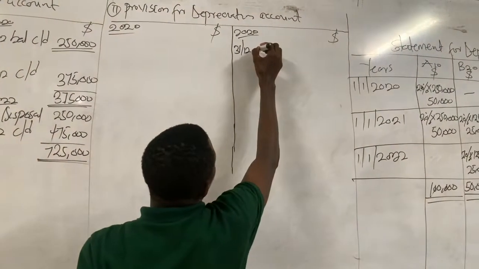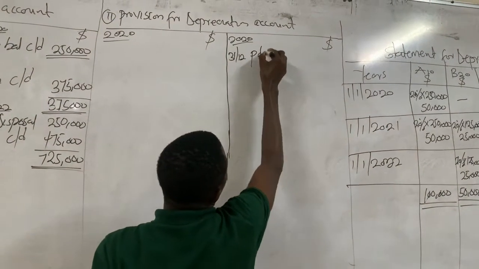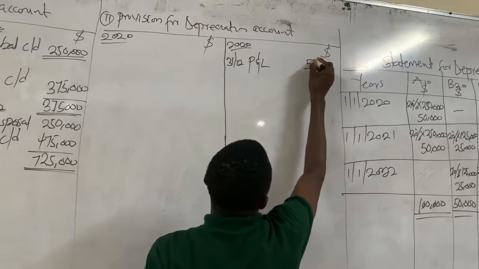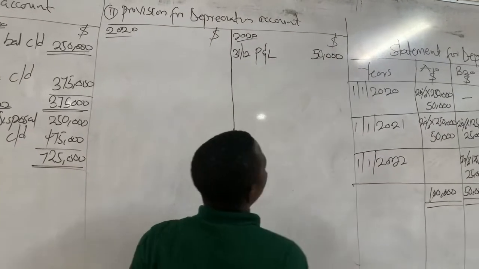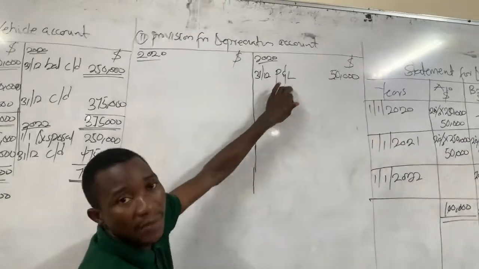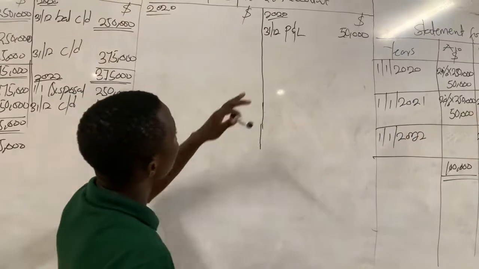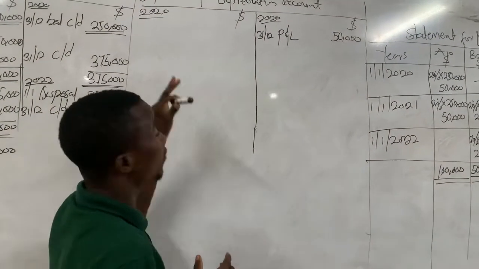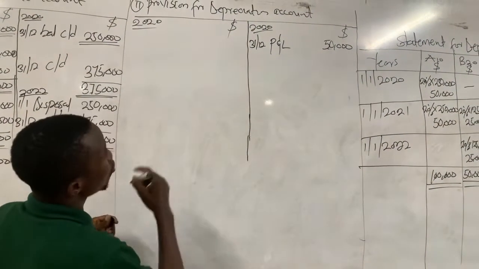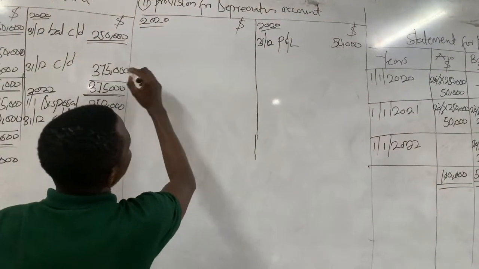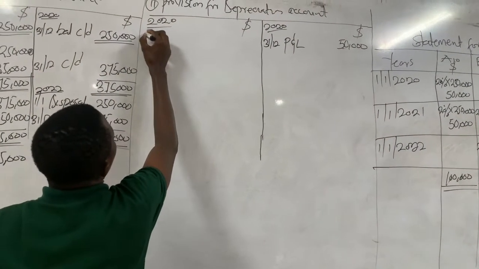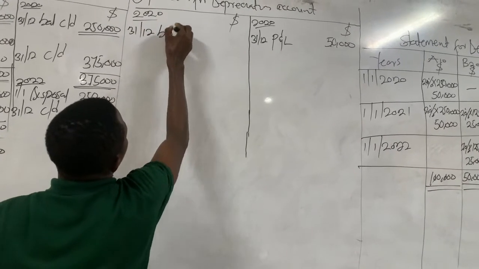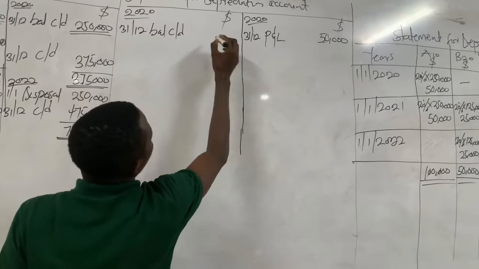That will be the profit and loss account, so P and L, and the amount is 50,000. Okay, this means that we are going to debit the profit and loss account. So that is the provision for depreciation for 2020. So we are going to close this account by saying that on the 31st of December, the balance CD will be the 50,000.